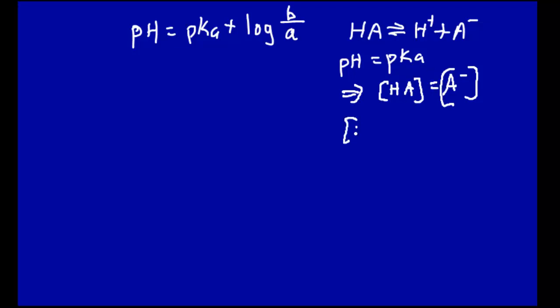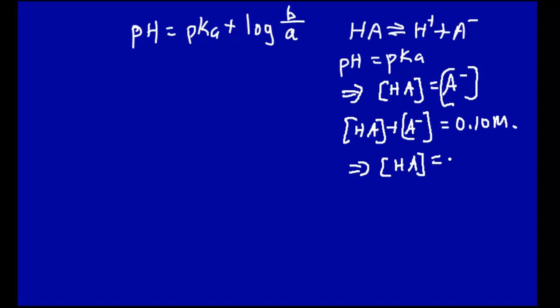Also, we know from the problem, HA plus A minus, total buffer concentration is 0.10 molar. So this means initially, before we add any acid or base, the concentration of HA is equal to 0.05 molar, and the concentration of A minus is equal to 0.05 molar.